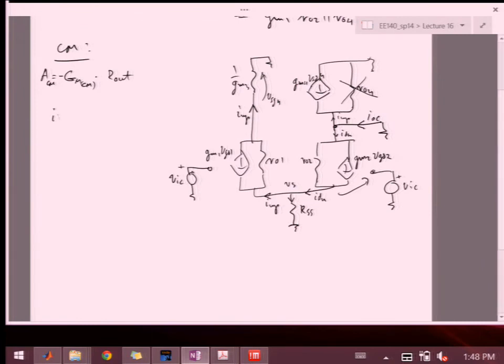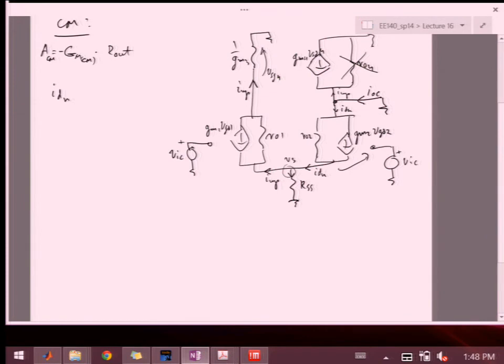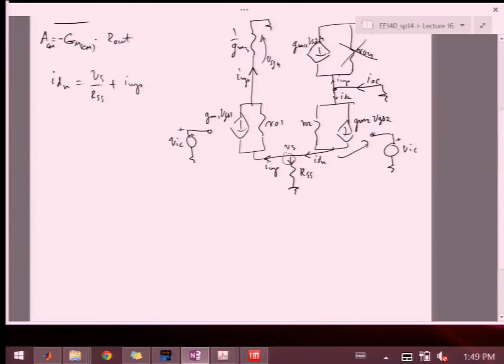So we'll write that we're looking at around this node that I down equals VS over RSS plus I up. And then we're going to do just a few tricks, just like we did before. We're going to look at KCLs at these nodes to be able to write out a few more equations for I down.